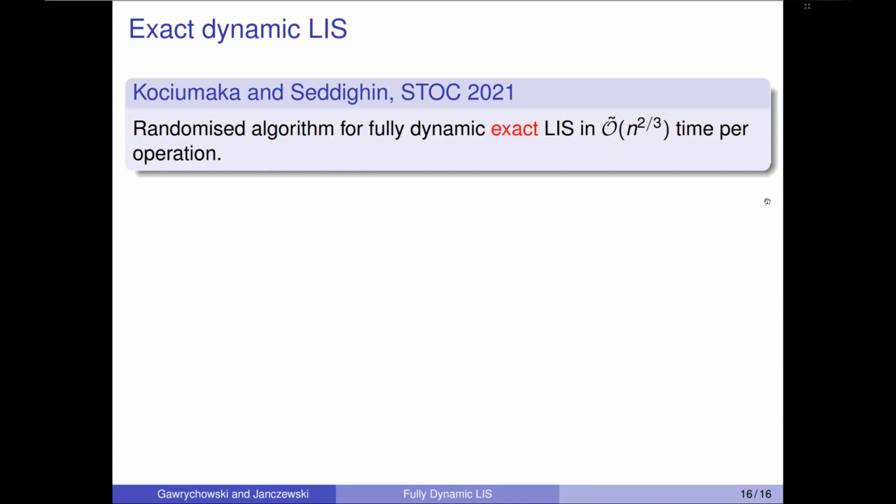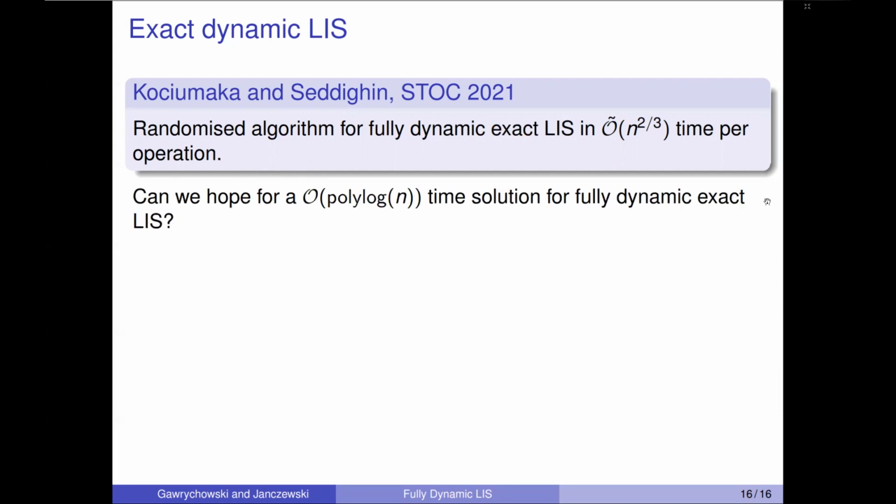And that time is n to the 2/3 times some polylog. And it's quite complicated already, but it doesn't give much better than linear time. So the question here is, can we hope for some polylogarithmic time solution for fully dynamic exact LIS?